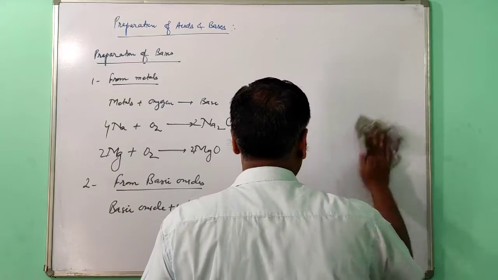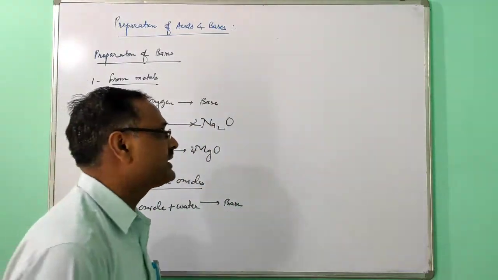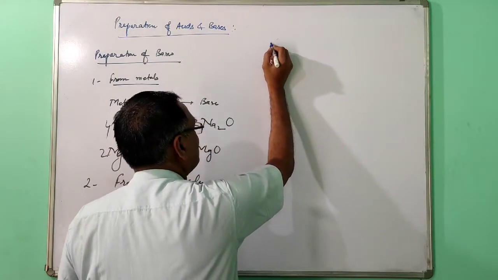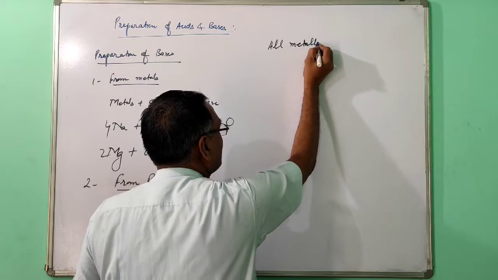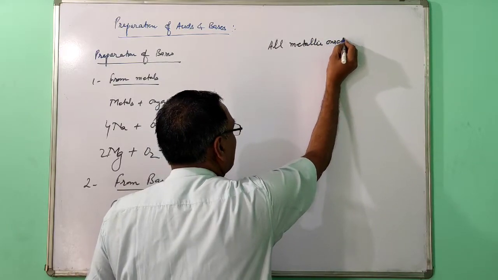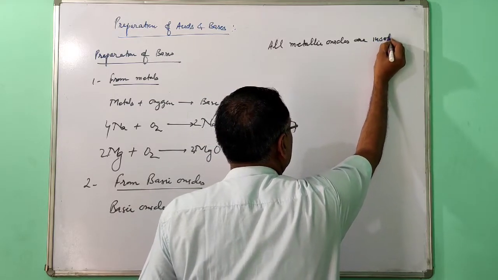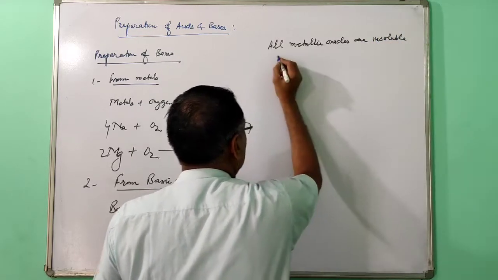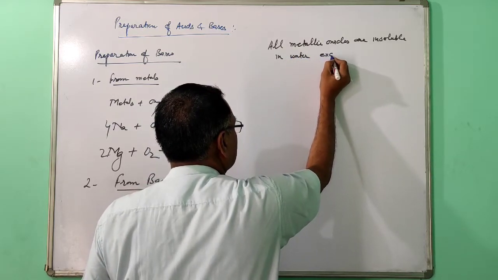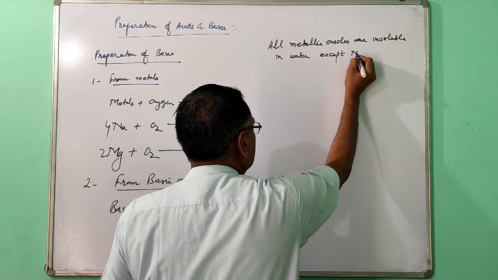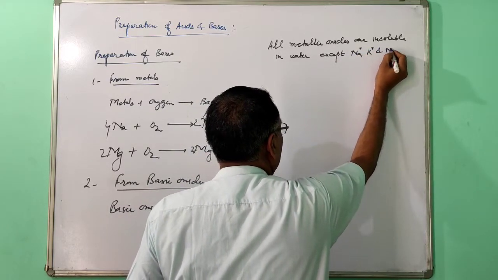For your knowledge, all metallic oxides are insoluble in water except sodium, potassium and ammonia. You can note this down.